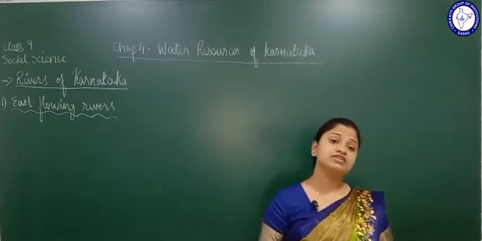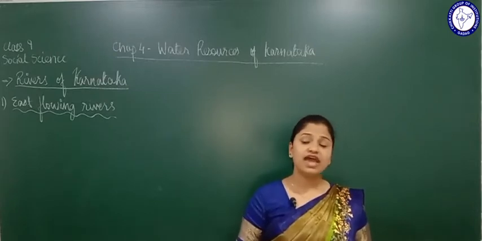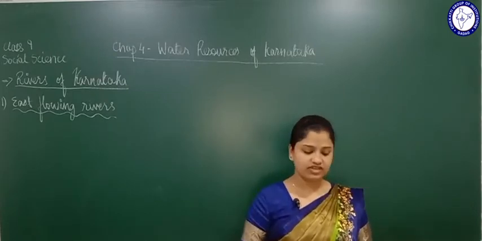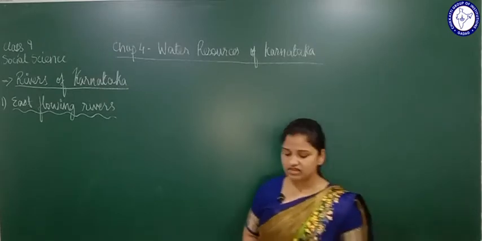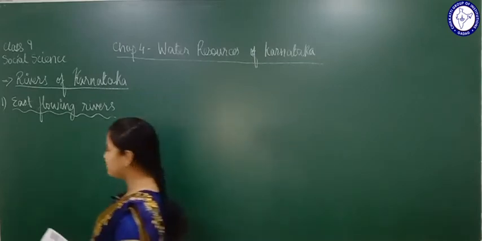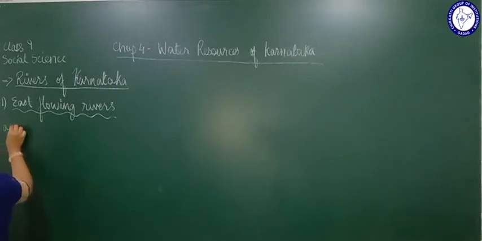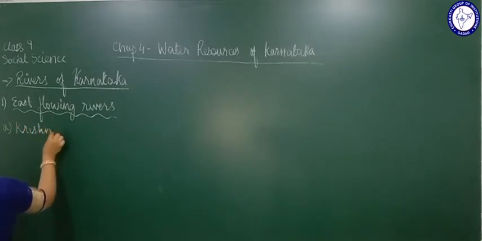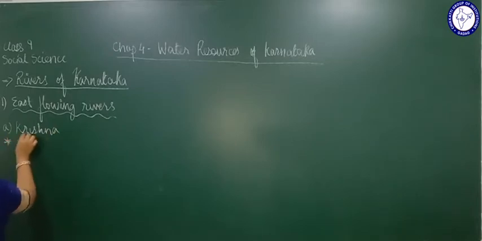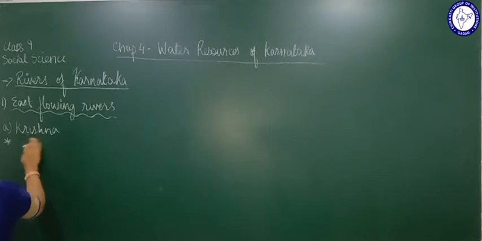So from Mahabaleshwar to Bay of Bengal, if you calculate how many kilometers it is traveling, in total Krishna river will be traveling 1392 kilometers. So first here, in the east flowing rivers, we have the Krishna river. It will originate at which place?